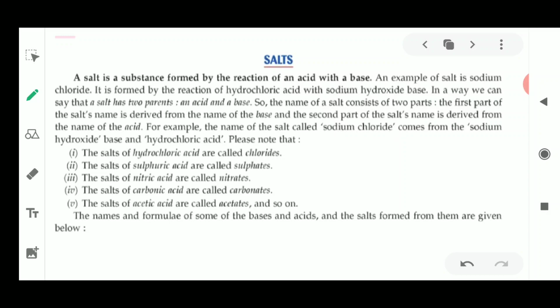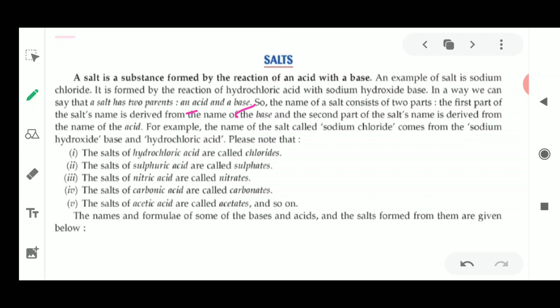An example of salt is sodium chloride, which is formed by the reaction of sodium hydroxide and hydrochloric acid. Hydrochloric acid is an acid and sodium hydroxide is a base. In a way, we can say that salt has two parents. It has two parts, one is acid and the other one is base. One parent is acid and another parent is base.